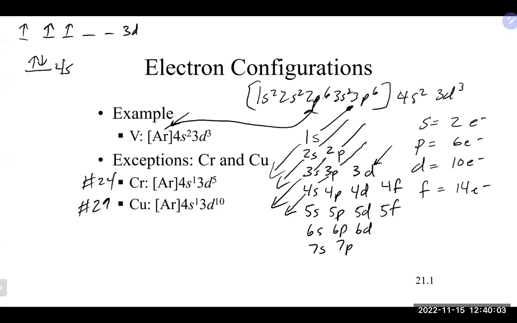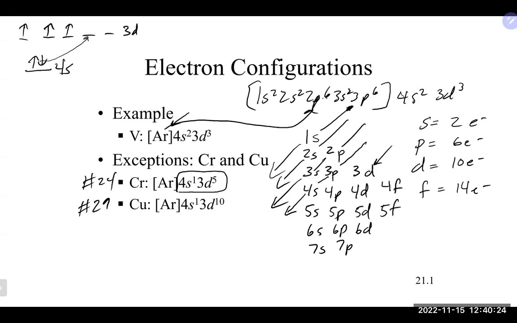The exception is right here at the end. So instead of having 2 electrons in the s orbital, it's been found to be more stable experimentally to have 1 extra electron up in the d and 1 less electron in the s. And they're able to do that pretty easily because they're very, very close in energy to begin with.